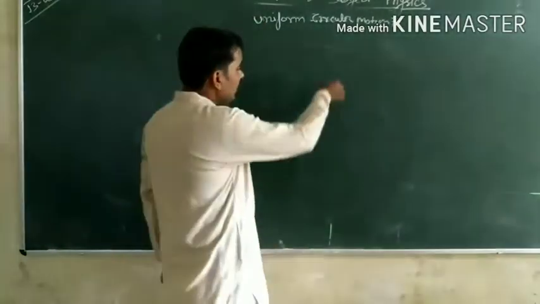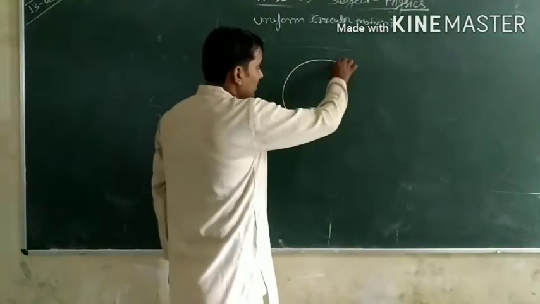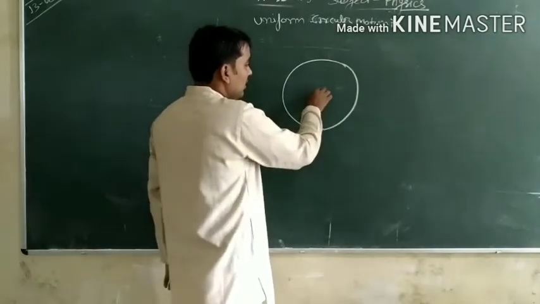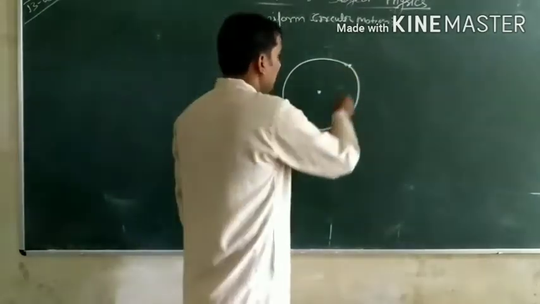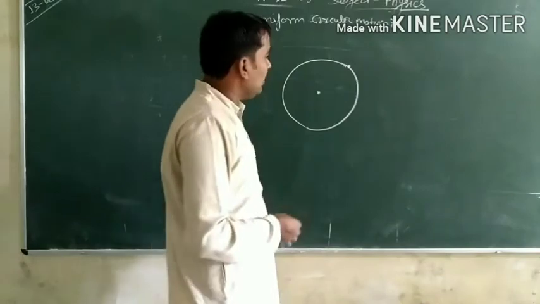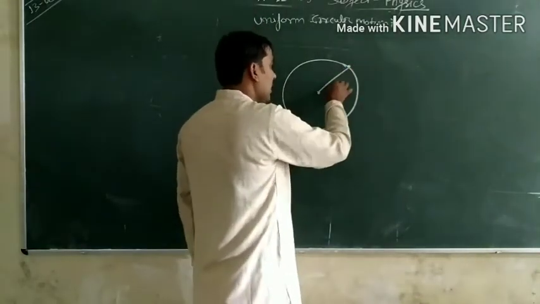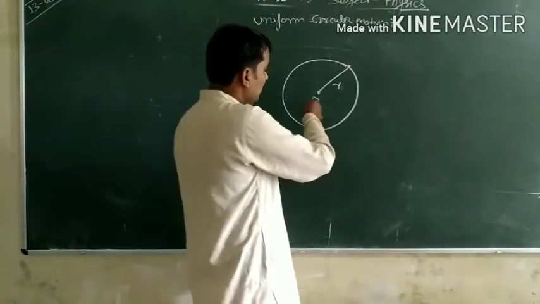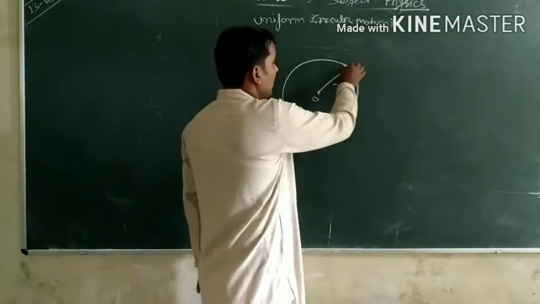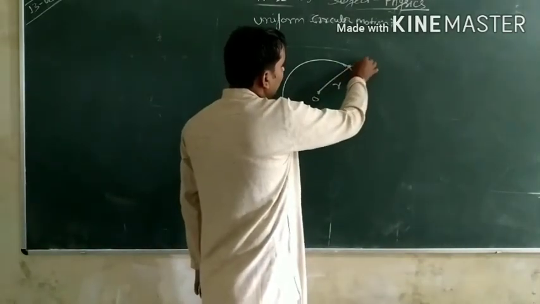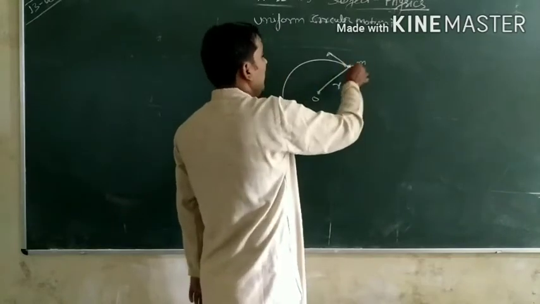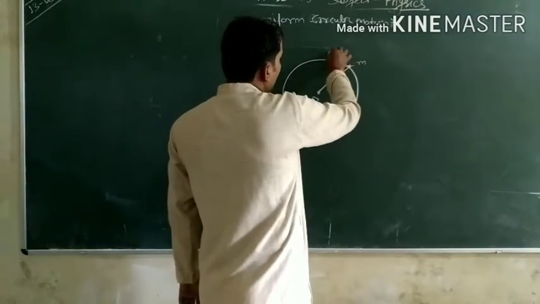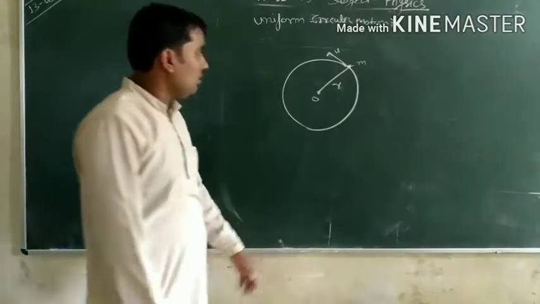Now we assume that a moving object is moving on a circular path. The radius of the circular path is r, and the center of this circular path is O. An object is moving with uniform velocity v on the circular path.